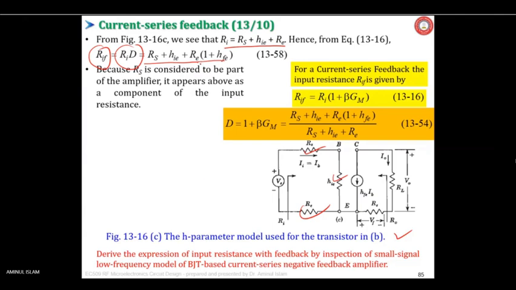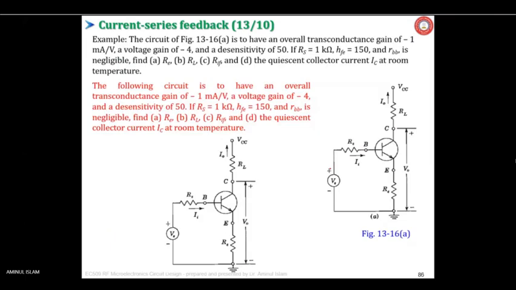So is the input resistance increasing or decreasing here? Because RE is considered to be part of the amplifier, it appears as a component of the input resistance. We have already said that RE is not on the outside, it is inside the amplifier.